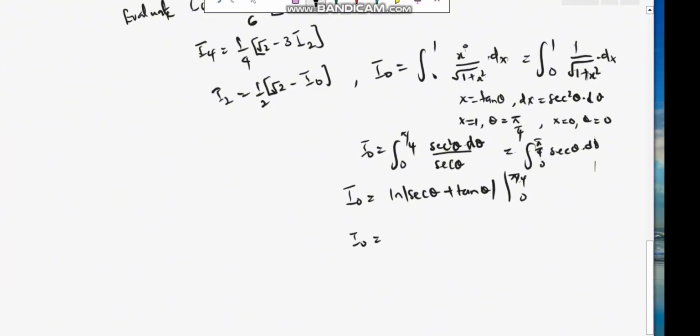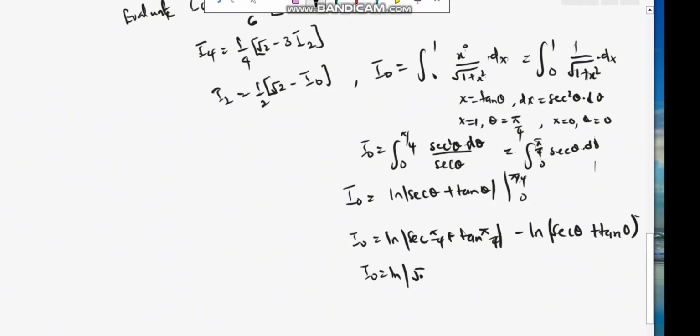So when you evaluate this, you have ln(sec pi over 4 plus tan pi over 4) minus ln(sec 0 plus tan 0). So you have I_0 equals ln(root 2 plus 1) minus ln(1 plus 0), since sec pi over 4 is root 2 and tan pi over 4 is 1. This second part will be 0.